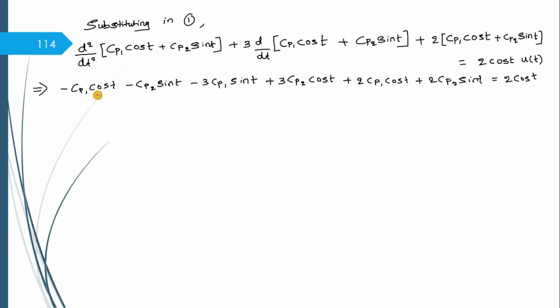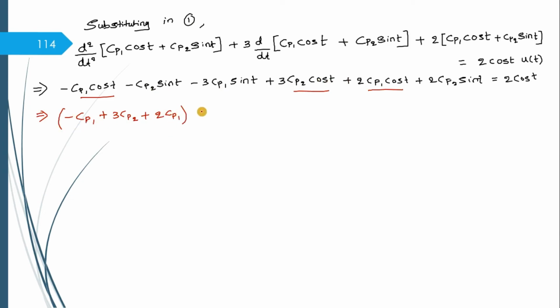Let us do that. So cos t terms, let me mark it here, here, and here. So let me write it here: minus cp1 plus 3 cp2 plus 2 cp1.